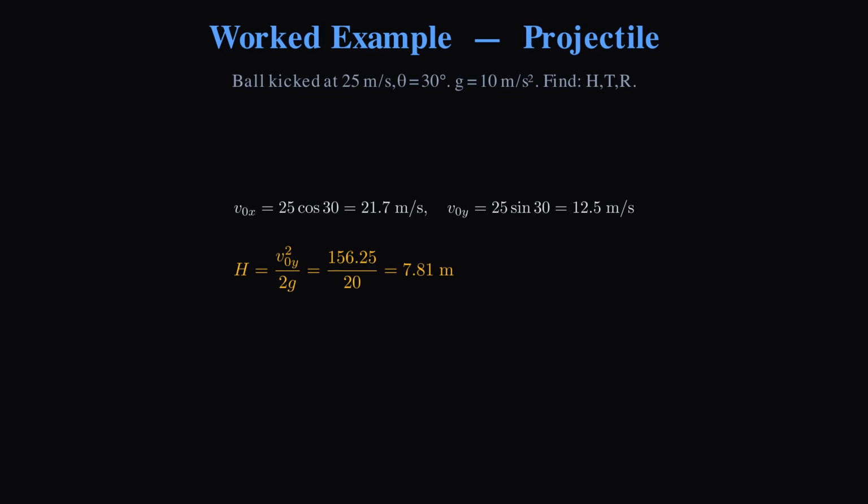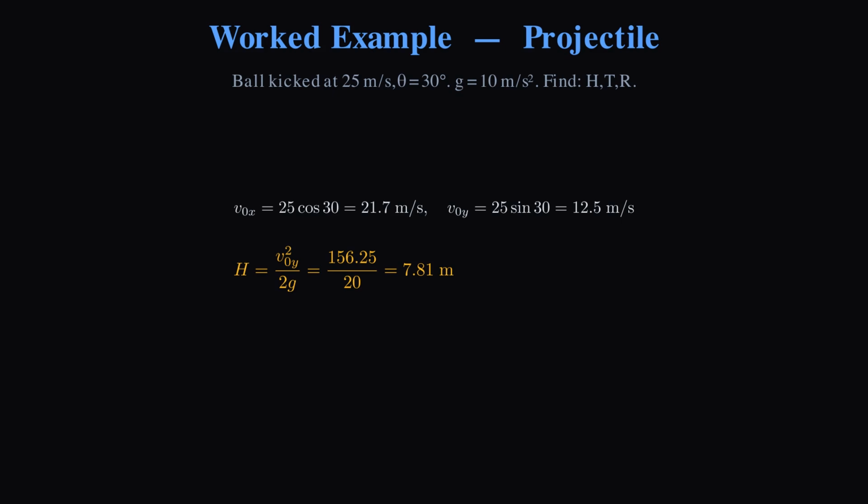Using 20 meters per second in a horizontal calculation, as many students do, is incorrect and gives a larger range than the actual one. Always decompose first. Never use the total speed in a single-axis equation.